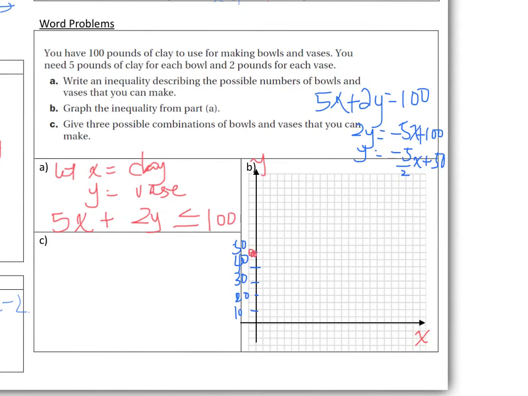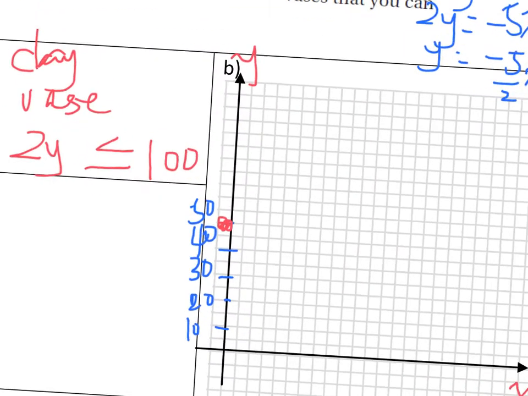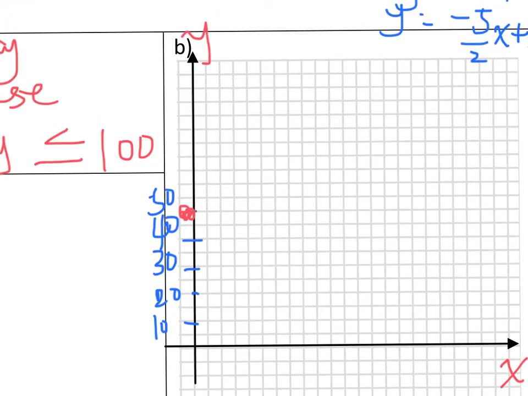And I'm going to have to shift down 5 units. Let me make this bigger. Shift down 5 units. It's going to probably be around here. And shift right 2 units. And I'm going to just let this be 1, 2. The increments don't have to be the same for the x and the y axis. It's okay.